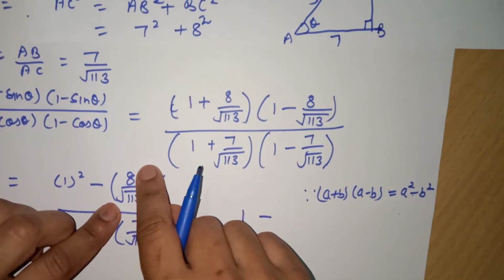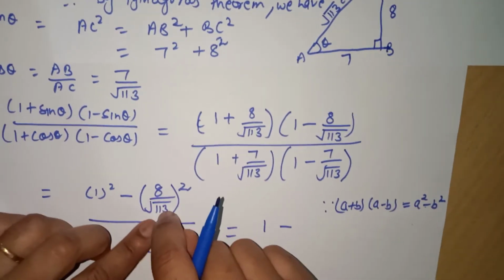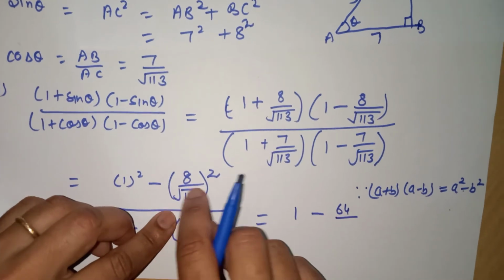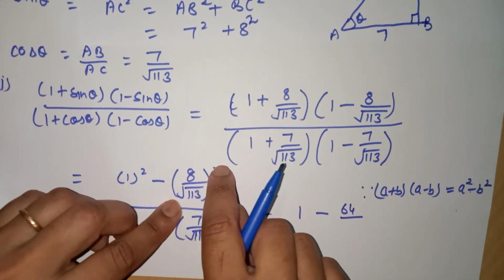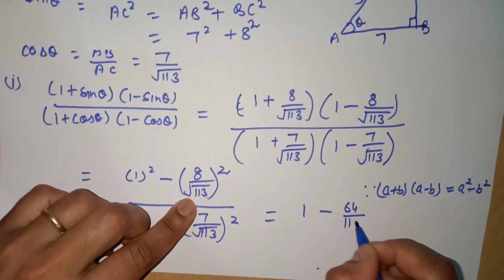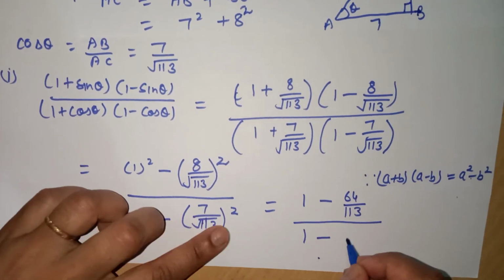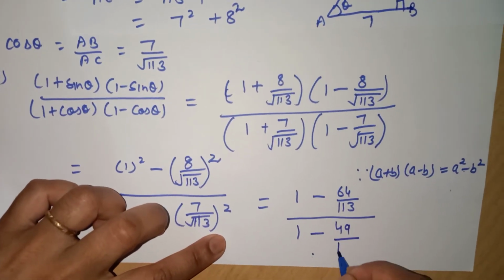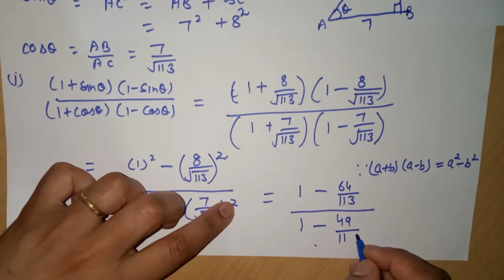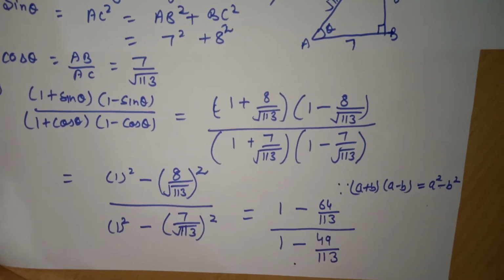Here, because it is a whole square, you have to square both the numerator and the denominator. So 8 square is equal to 64, and the square root sign will cancel with the square sign, so we will be left with 113 only. Similarly here the square of 7 is 49, and the square root will cancel with the square sign, so we will be left with 113.